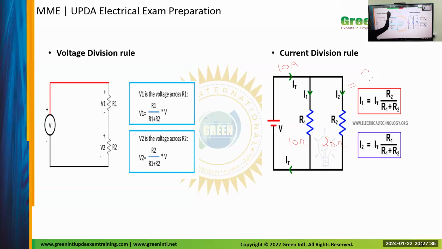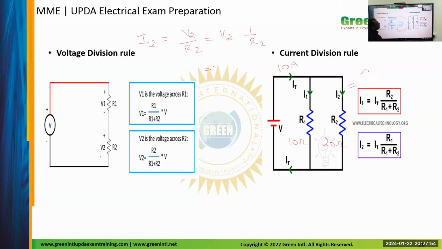How to find I2? By using Ohm's law, I2 is equal to V2 by R2, which is equal to V2 into 1 by R2.